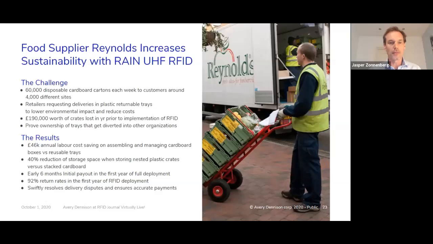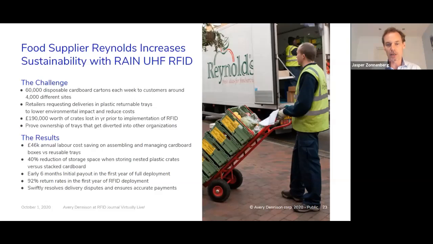Another use case is more in the food chain. This is all about a company called Renolds. They have been in the process of replacing all kinds of cardboard food trays with plastic trays. And when they were doing that, the first learning was that all these plastic trays were disappearing.